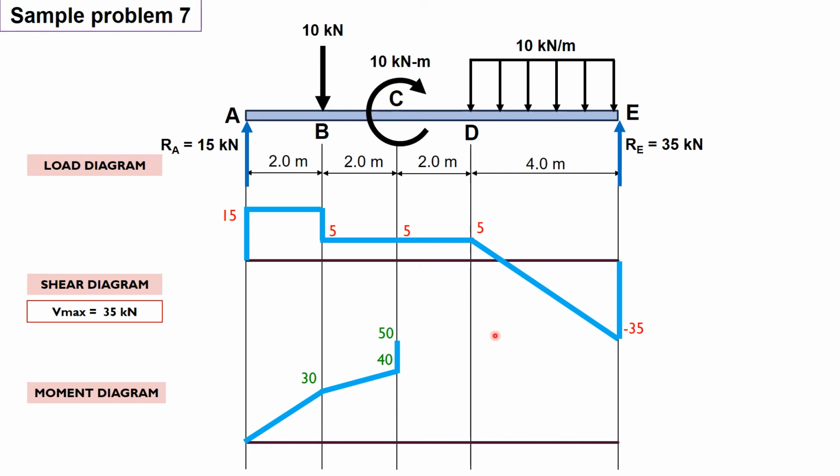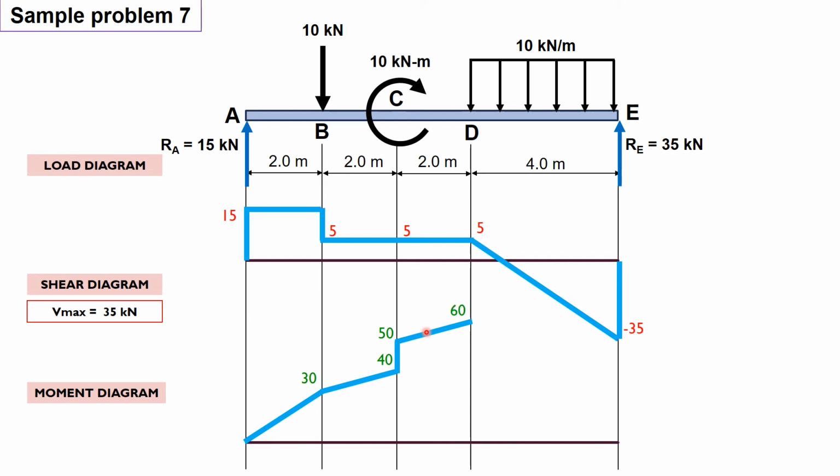And then, sa D, from 50, you add this area of the shear diagram, kasi this is a positive shear. So 50 plus 5 by 2 or 50 plus 10. So that will be your moment at D. And since this is 0 degree, 1 degree ang line mo dito sa moment diagram.